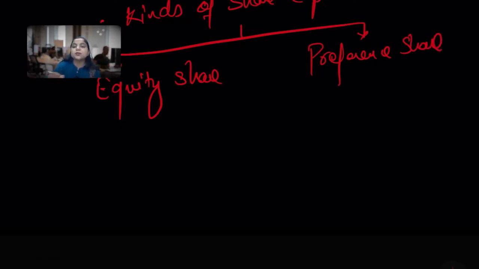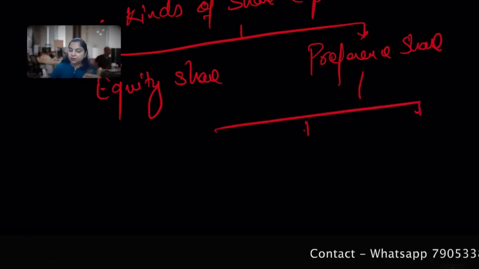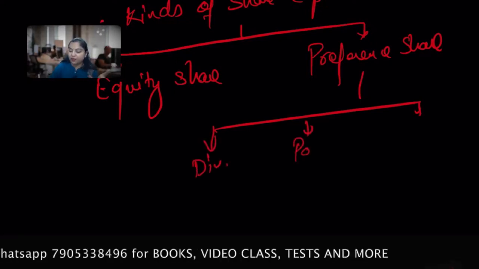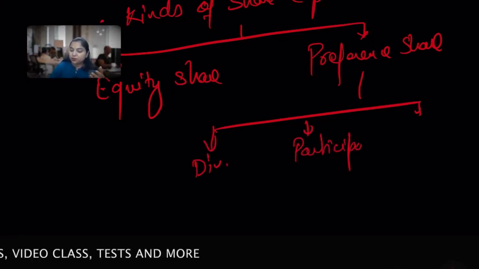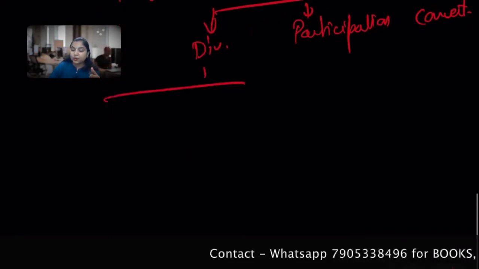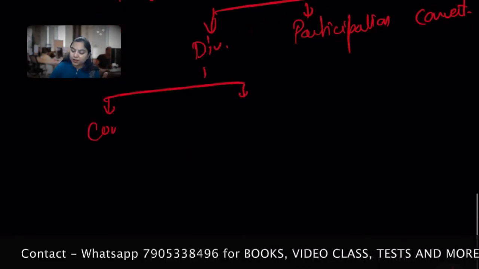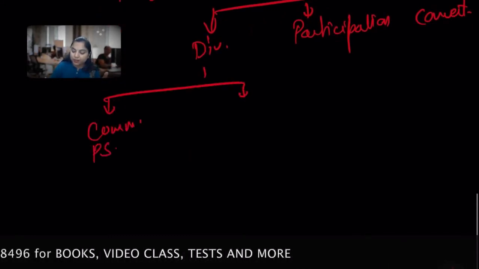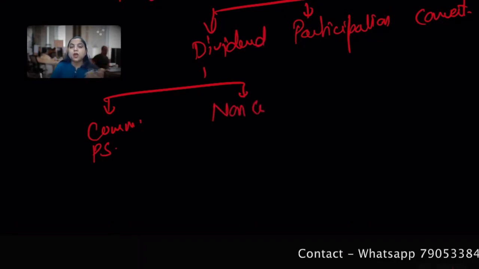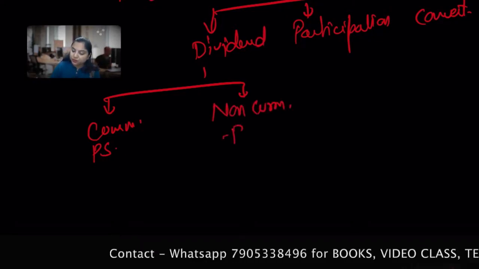Okay, so equity shares and preference shares, and then preference shares can be divided on various bases: on the basis of dividend, on the basis of participation, on the basis of convertibility. On the basis of dividend, hope you remember, cumulative preference shares and non-cumulative preference shares.